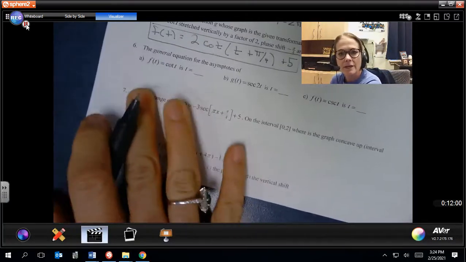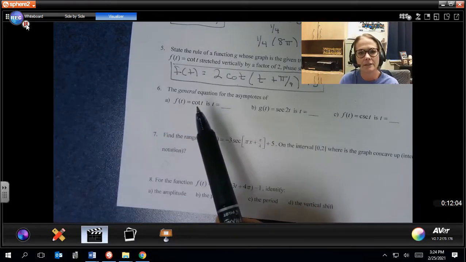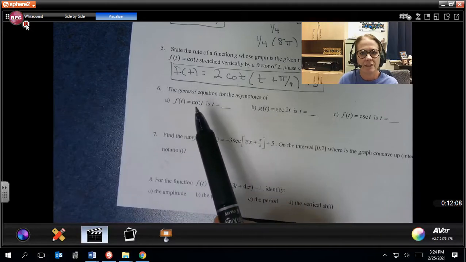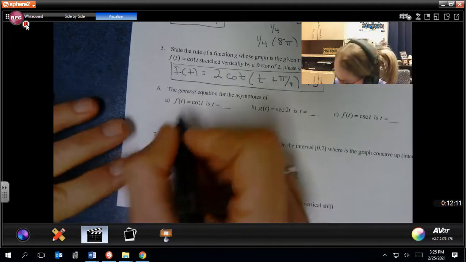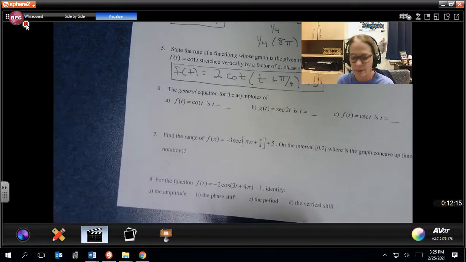Okay, general equation for the asymptotes here. All right, so cotangent. Cotangent has asymptotes at the start and the finish, so there's no shifts here. This is just your parent function.